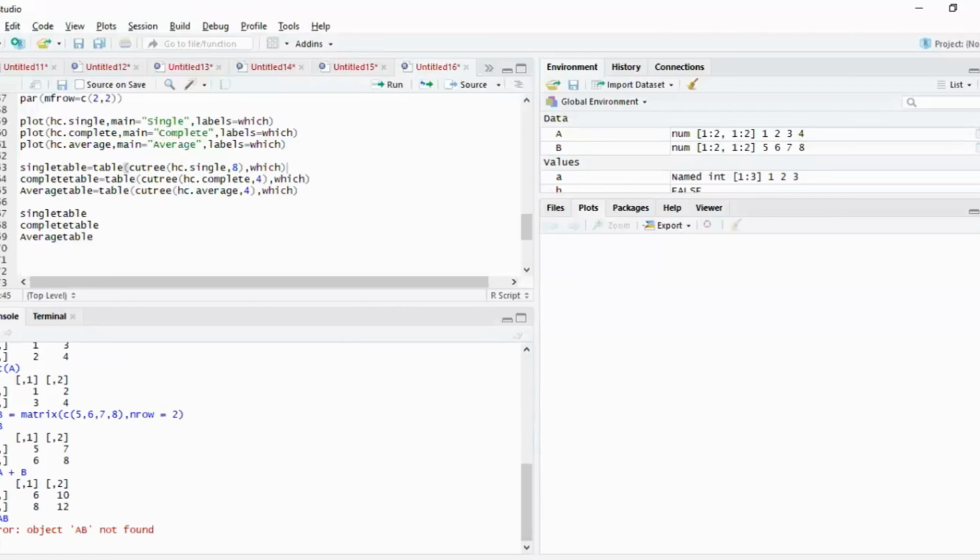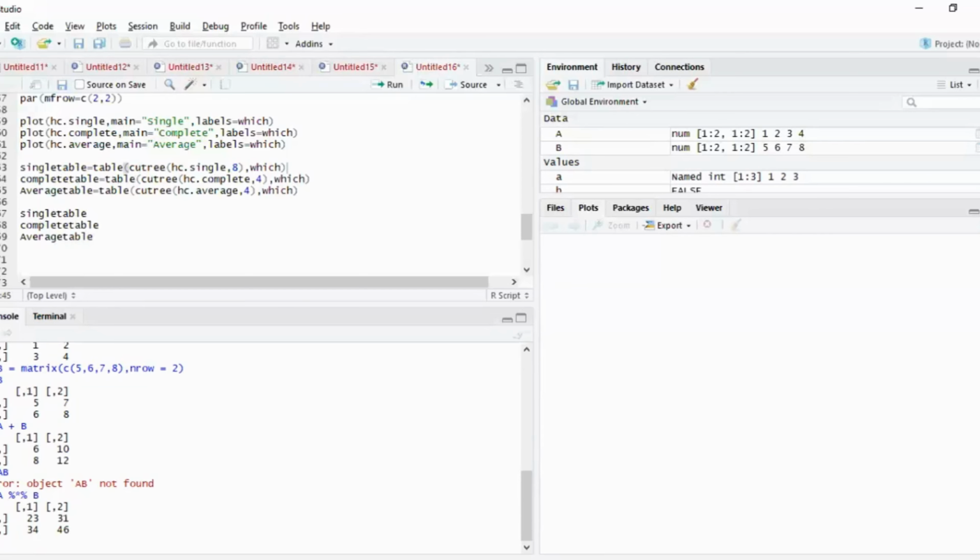There is a way here: A, percentage symbol, star, percentage, and B. For multiplication, you have to enclose the star symbol between percentage symbols. Percentage star percentage gives you the multiplication. See, the system has beautifully done the multiplication.